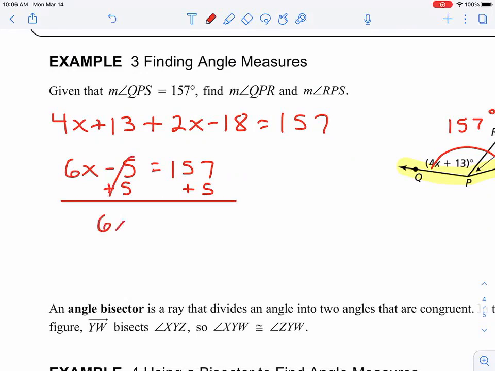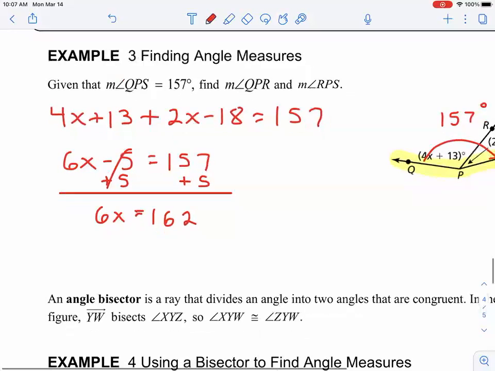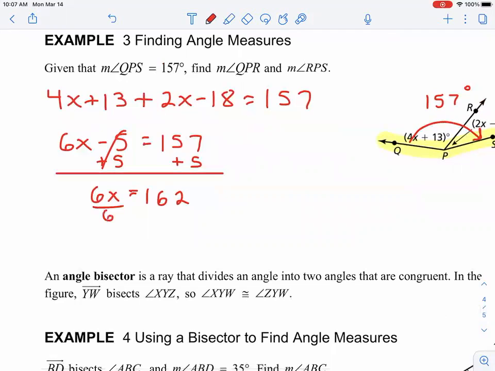So I have 6x equals 162. And so then we're going to divide both sides by 6.